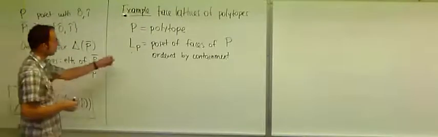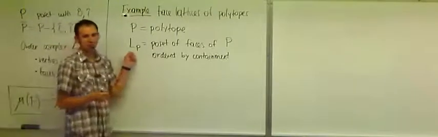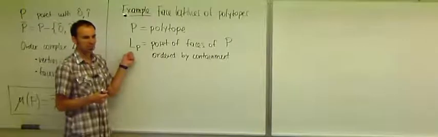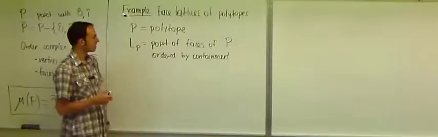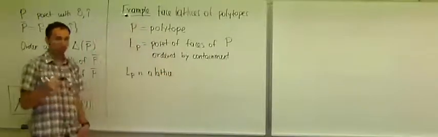And whenever I call a poset L, you should immediately suspect that it's probably a lattice. Okay, and so my next claim is that this is a lattice. So LP is a lattice. Meaning that I have a join and a meet operation.